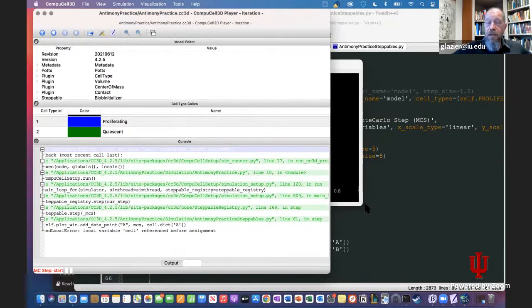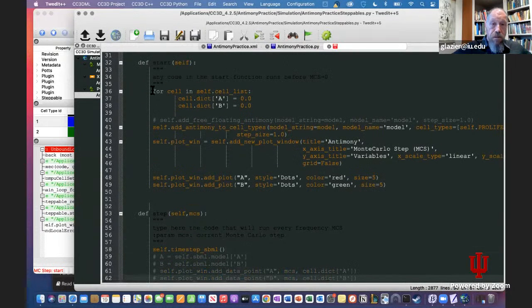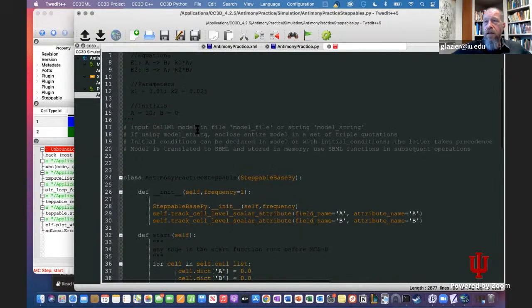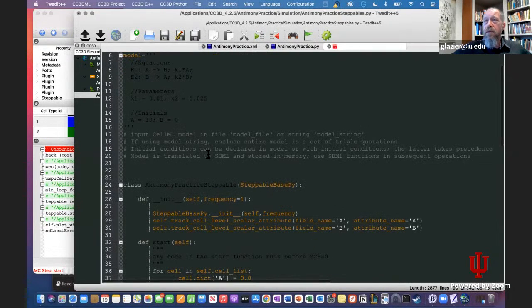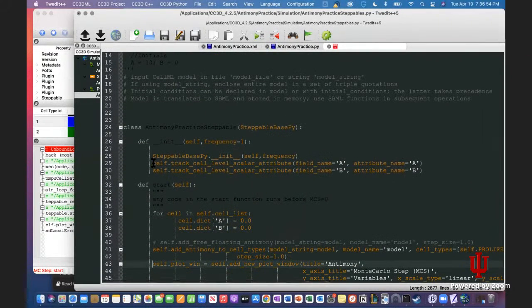So let's think about this a little bit. Let's come back to the code that we wrote. The first thing we have to do is start from the top of your code. You create your model. That's fine. You have the tracking fields implemented or not? They're right here.